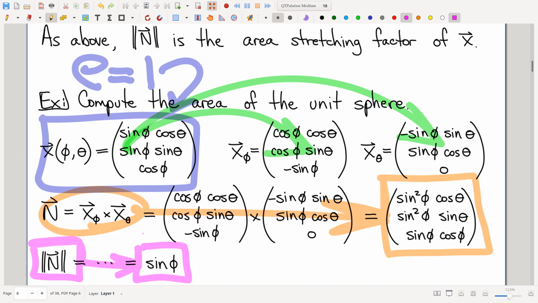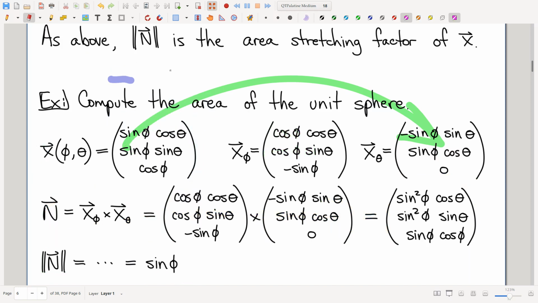Is that the partial with respect to phi and then theta? Two separate partials, yeah, that's right. Can you explain just very briefly, when you drew your green arrows, how you got there? Oh yeah, just taking the partial derivative. So, real quick, taking the partials with respect to phi.